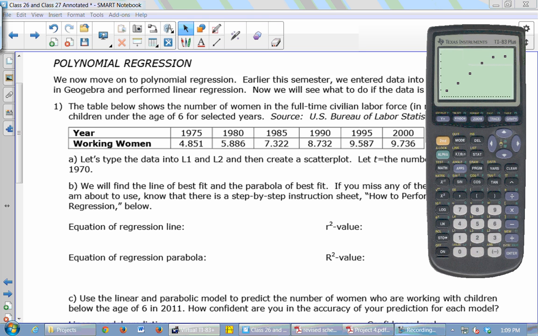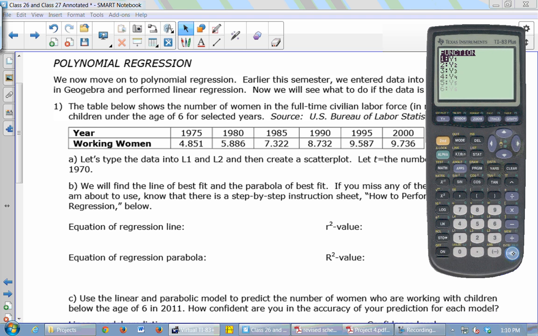and I'm going to fit 2 different models to this scatter plot. We're going to do a regression line, which we already know how to do, and then we're going to do a regression parabola, that is a quadratic equation to fit this data. So to get the regression line, we go stat, calculate, linreg, then we do L1, comma L2, comma Y1, which is under the vars key.